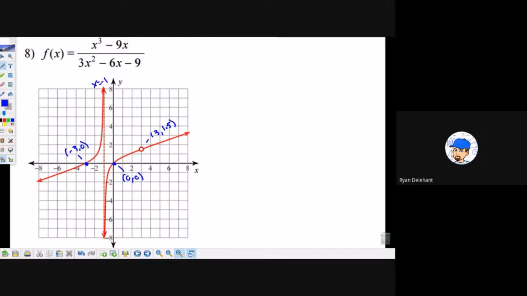Now Desmos doesn't do a great job showing you holes. You'd have to actually know where the x value is and click on it. But what I really wanted to point out about this one, when we talk about that slant asymptote, is in here there's actually a line that splits this apart. I have to move it around a little bit.